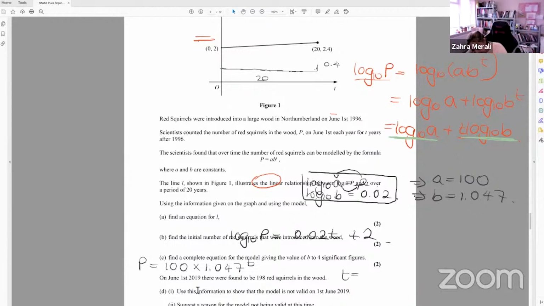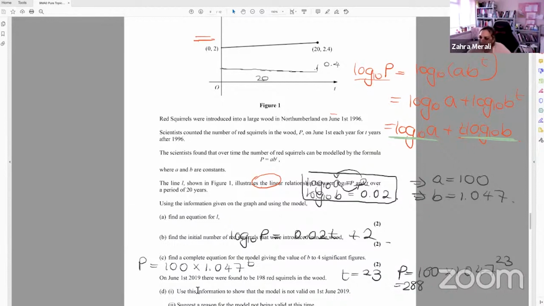So when t equals 23, p equals 100 times 1.047 to the power of 23. And that gives you 288, which is a lot more than 198. So you say it's a lot more than 198, so not valid.